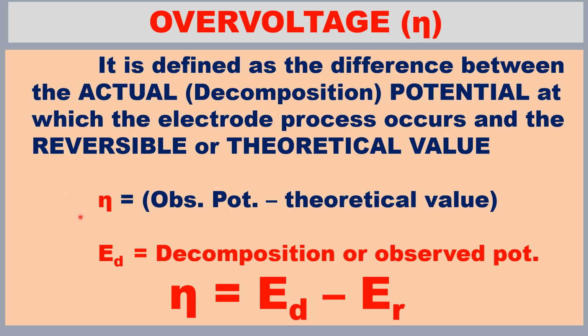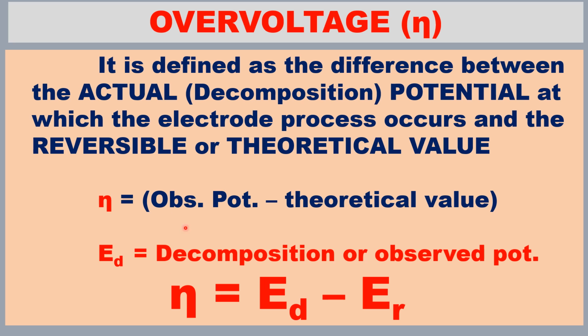Mathematically, overvoltage is expressed as the observed potential, the actual decomposition potential, minus the theoretical deposition potential. So, observed potential minus theoretical value.